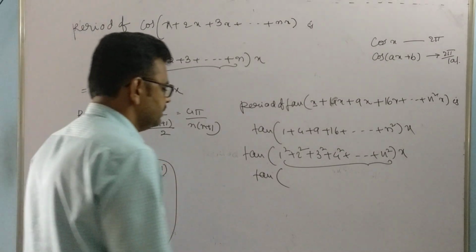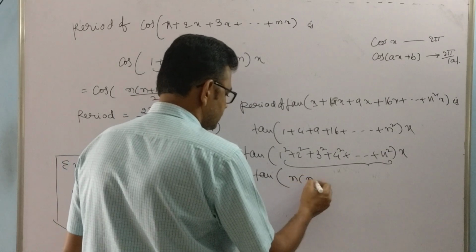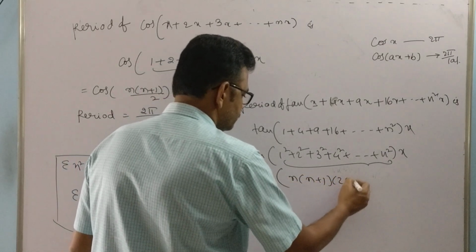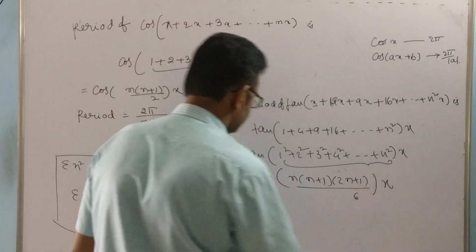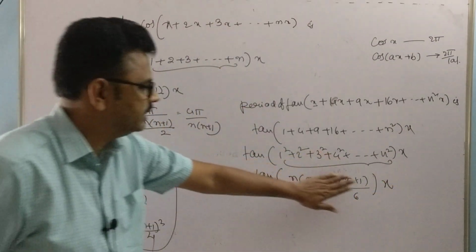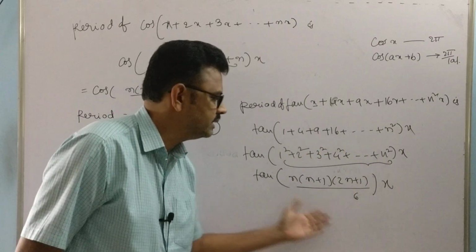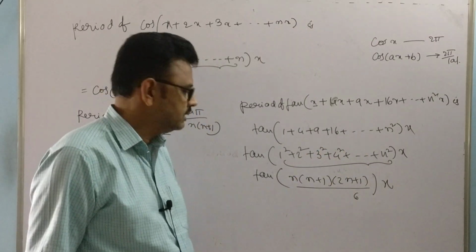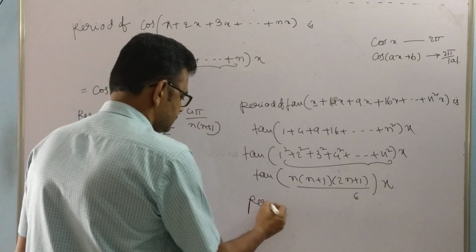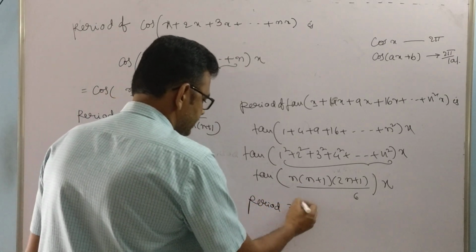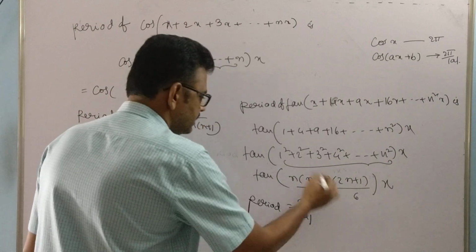Now sigma n square is n into n plus 1 into 2n plus 1 by 6, times x. Now this is the tan of ax form, with the whole thing treated as a. What is the period? Pi by mod a, where a is the whole thing.